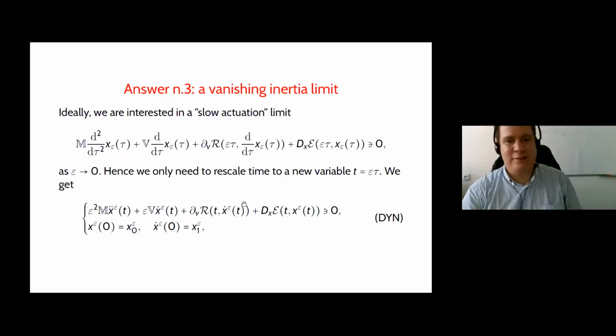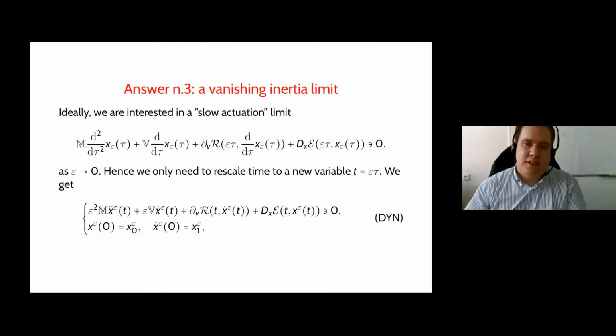Here we see the relevance of dry friction and its peculiarity as a friction. As I told you before, systems with only dry friction, or one homogeneous dissipation potential and energies, are usually called rate independent. And this is because the dissipation is rate independent.